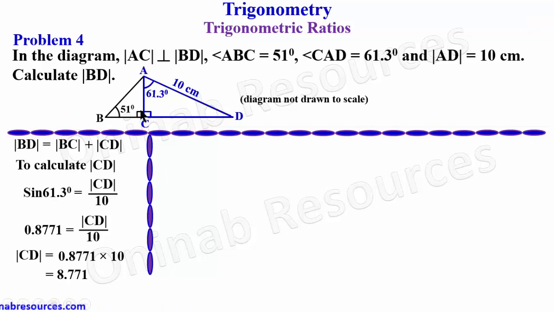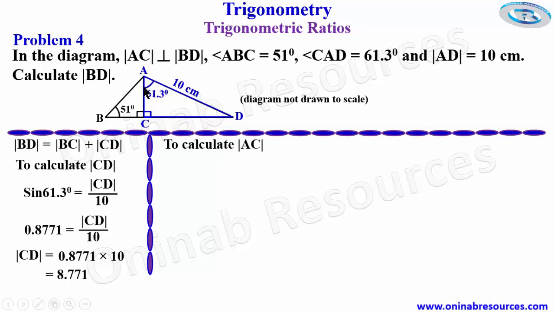Then we go ahead to calculate AC. We still use the triangle ACD. To calculate AC, we'll be looking at adjacent and hypotenuse, that is cosine.